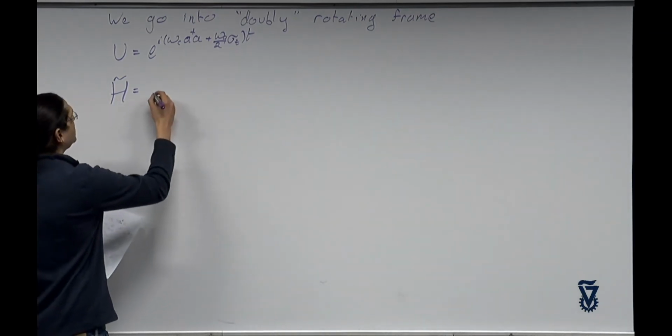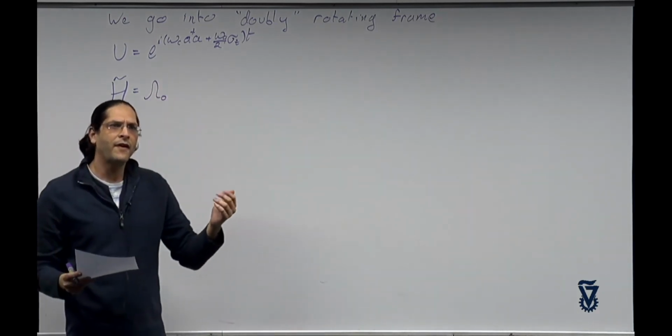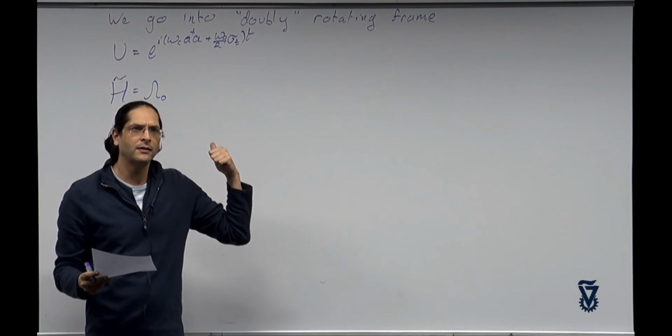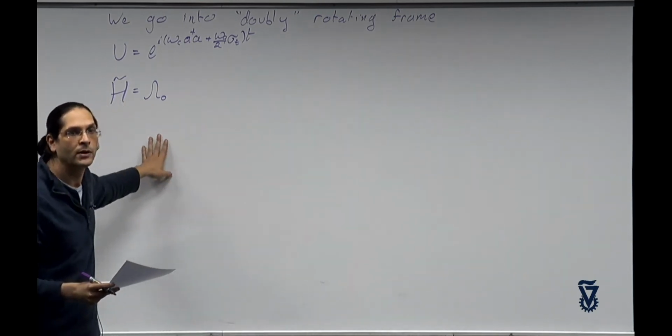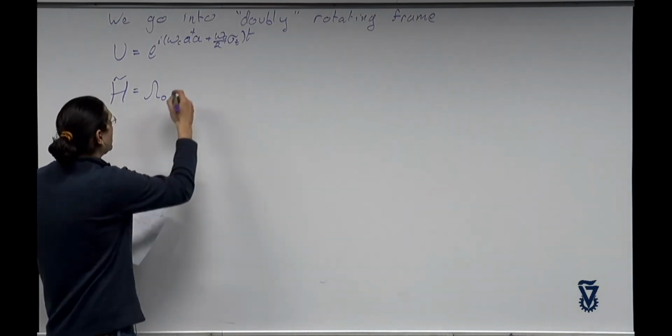So this is H. So we have omega naught, and omega naught is the vacuum Rabi frequency that we defined previously. I'm going to write it down in just a moment, but for now it's just a constant.